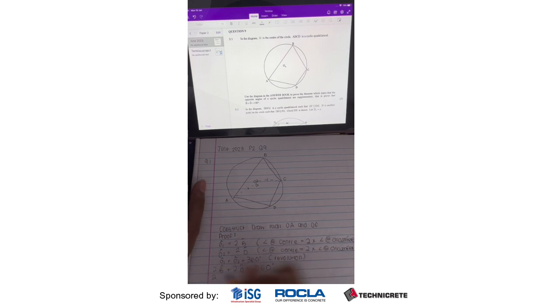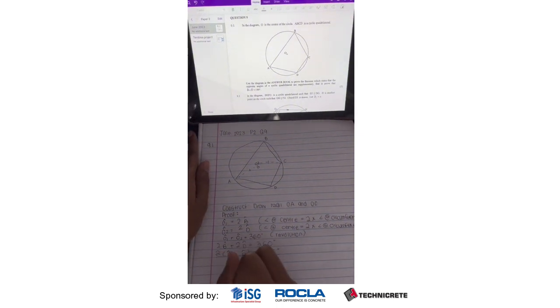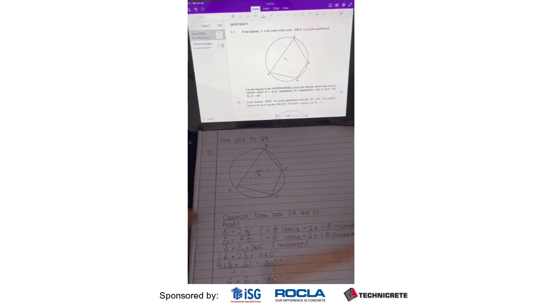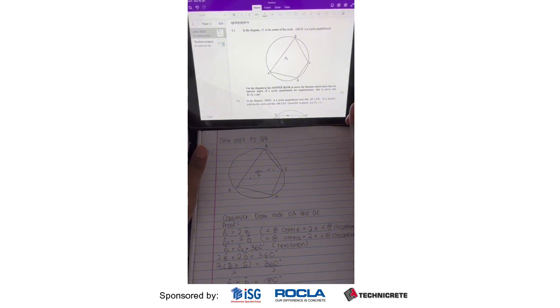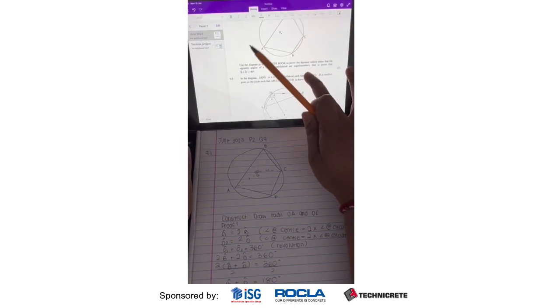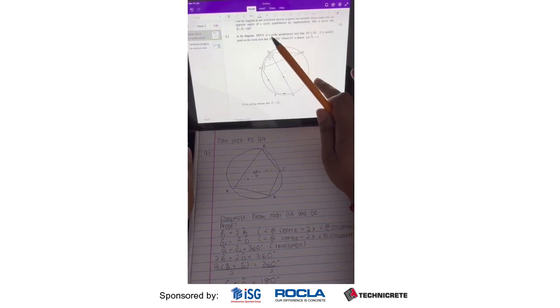I'm going to take out 2 as a common factor, and I'm left with angle B plus angle D is equal to 360 degrees. Divide by 2 on both sides, and I'm left with angle B plus angle D is equal to 180 degrees. This is the proof, and these are proofs that you have to learn. You have to learn how to do them in a test or an exam.